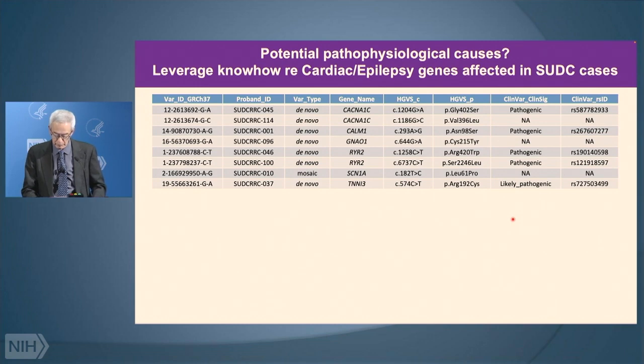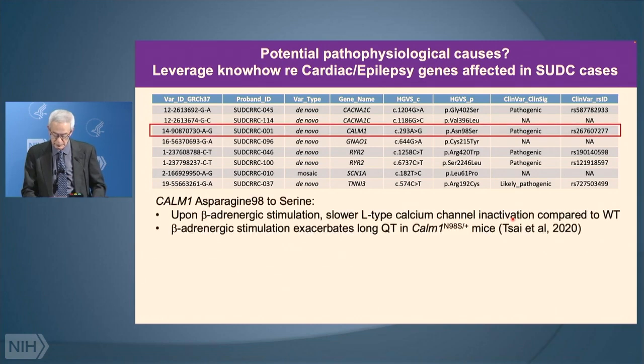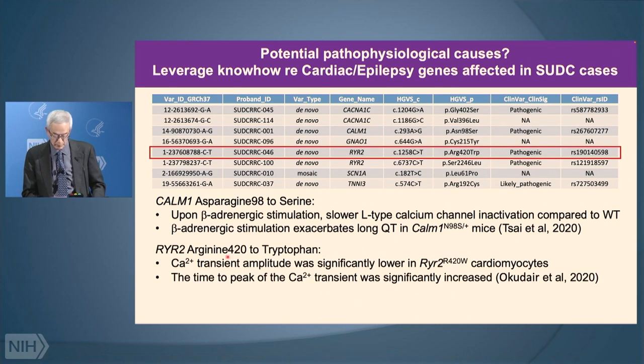So what are the effects of these genes? Well, some of them are already known. The mutation in calmodulin causes slower calcium channel inactivation and is lethal with beta-adrenergic stimulation in mice. The ryanodine receptor mutation caused a change in the calcium transient and a slowing of the calcium transient.